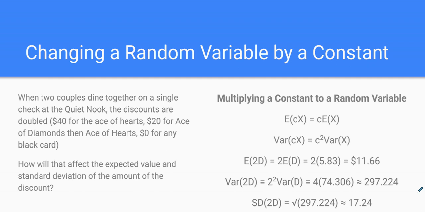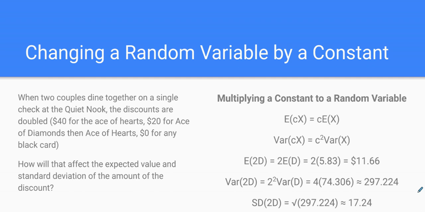And if we needed the variance, which we oftentimes are going to need, don't just double the variance. If you're doubling the random variable, you're quadrupling the variance. Right? But the standard deviation, we'll kind of circle back to that.